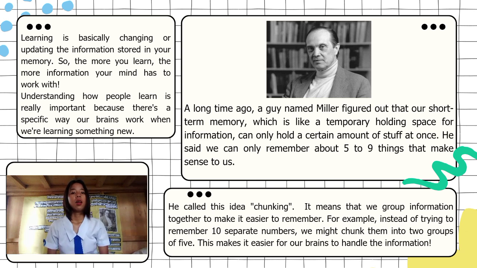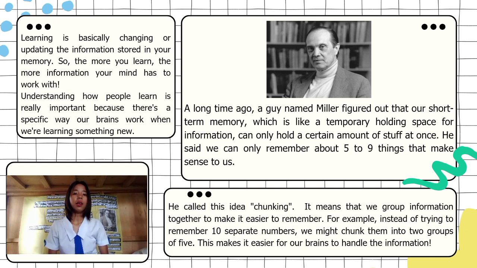So, a long time ago, a guy named Miller figured out that our short-term memory is like a temporary holding space for information. So it can only hold a certain amount of stuff at once. So he said that we can only remember about 5 to 9 things that make sense to us.